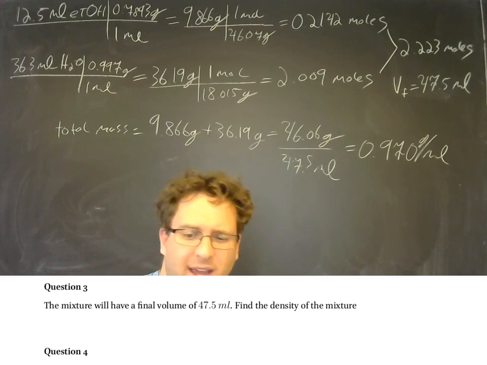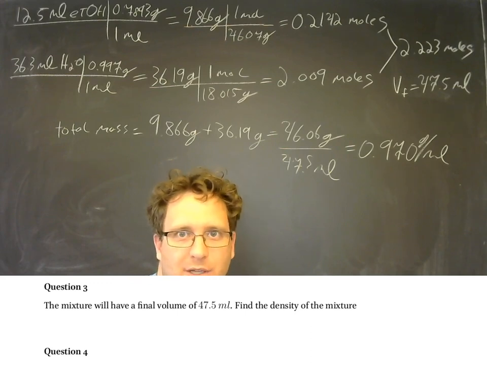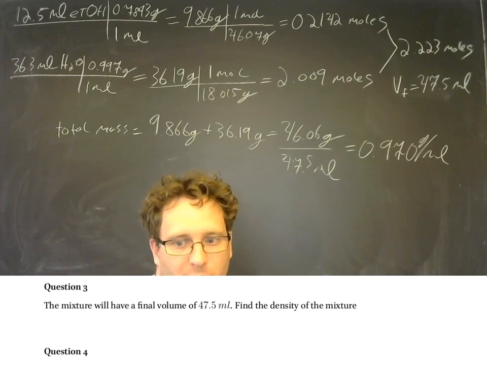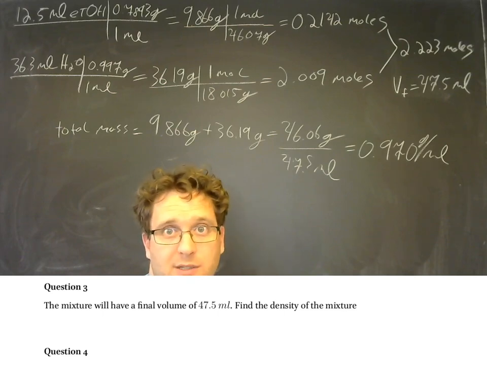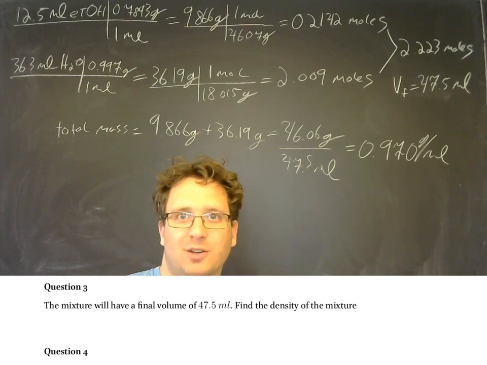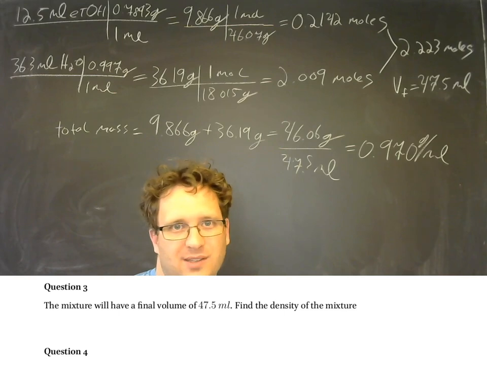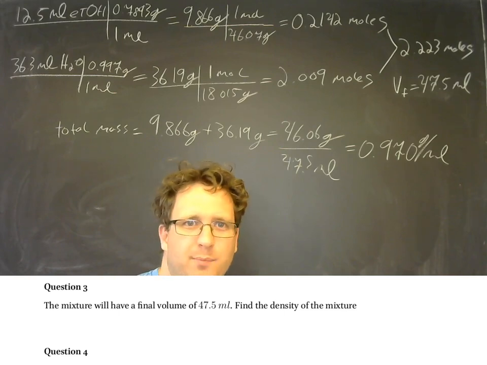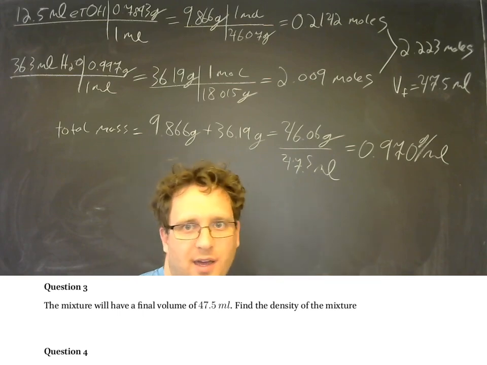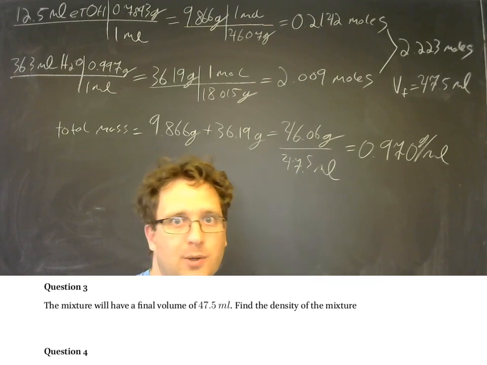And I looked up true values. I looked at an actual density table for water ethanol mixtures. So this is what you would expect to observe in reality. The volume contracts a little bit, which is kind of cool. Basically, the ethanol water mixture is pulling particles closer together than either pure water or pure ethanol.